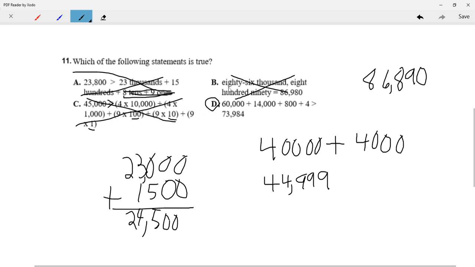Because you might think B is correct, you make a mistake, and then you realize, wait a minute, D is correct, and you go back up to B and realize you did make a mistake. So it's always good to go through all of the answer choices, even if you're sure that one of them is true, to make sure that the others are wrong as well. Because it's easy to make a silly mistake.